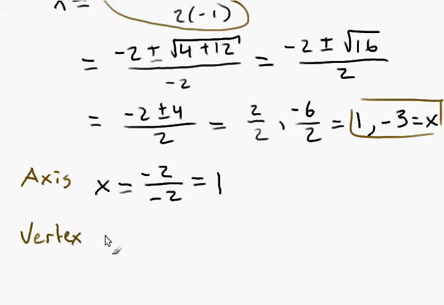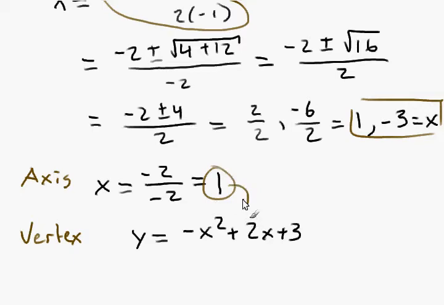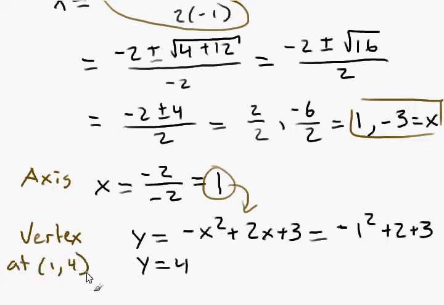And remember, our line is y is equal to -x squared plus 2x plus 3. And we're going to take this value and plug it in. So this will be -1 squared plus 2 plus 3. So that's 5 minus 1. y equals 4. So the vertex is at 1, 4.